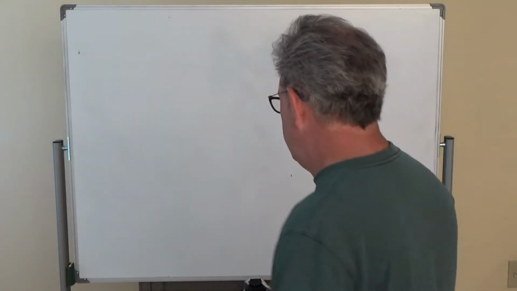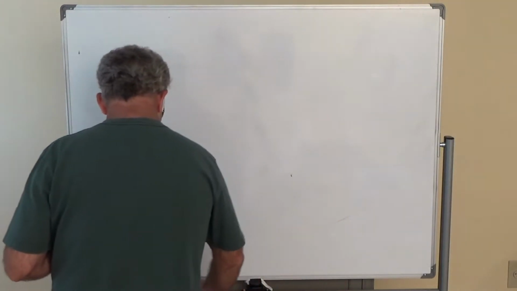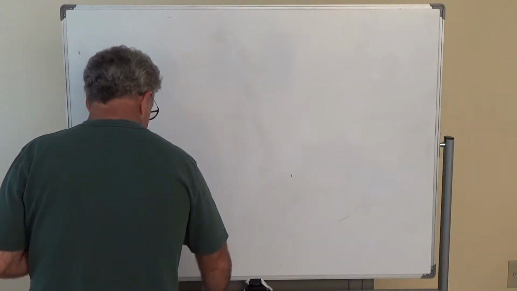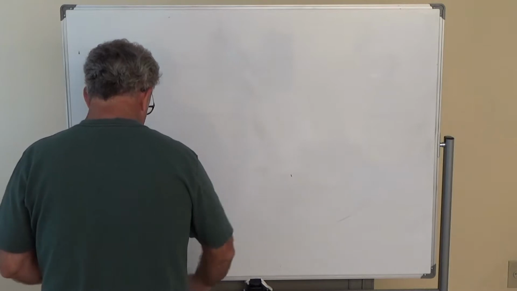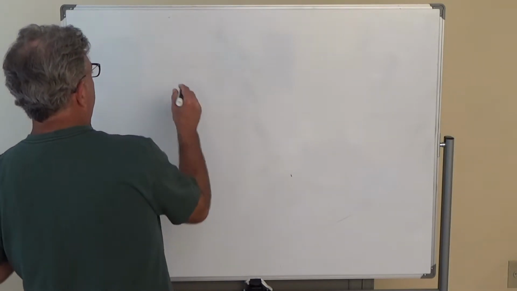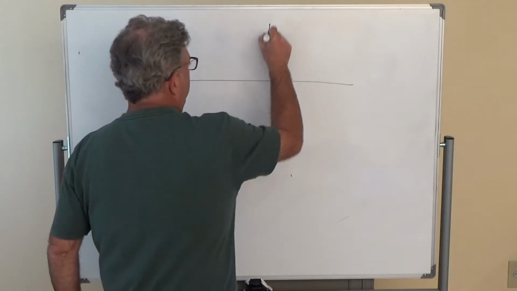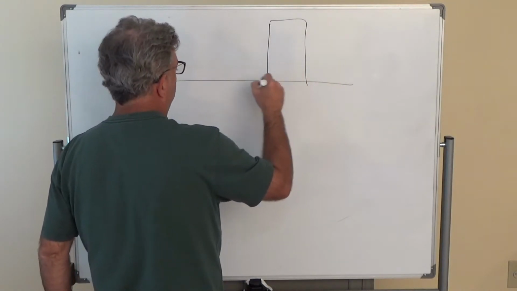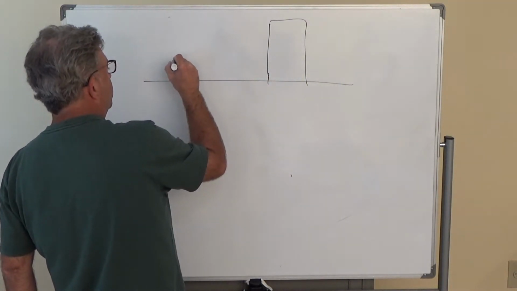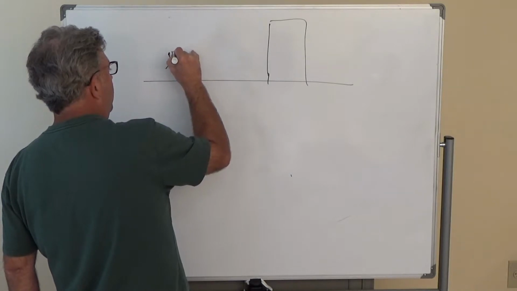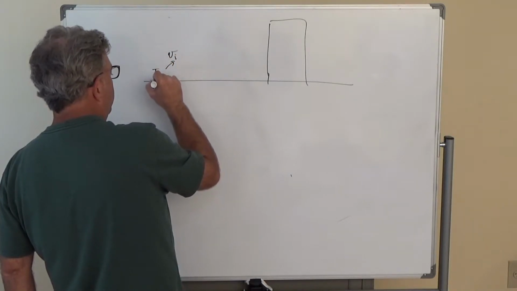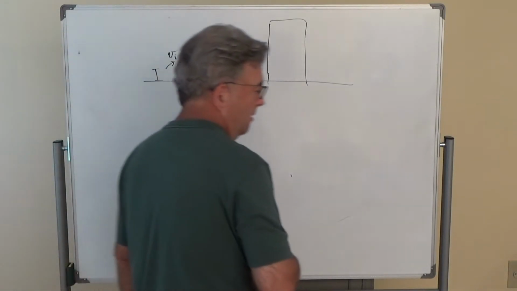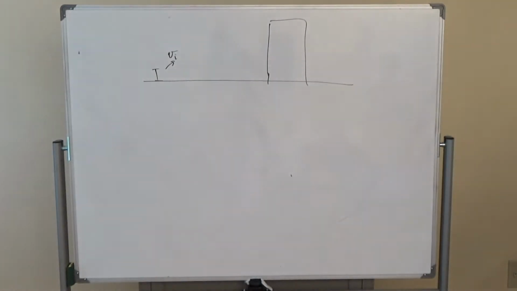Let's just go through this one pretty quickly. I don't think this one's too difficult. So here's the building. Here is V initial, and let's see, do we know this height?